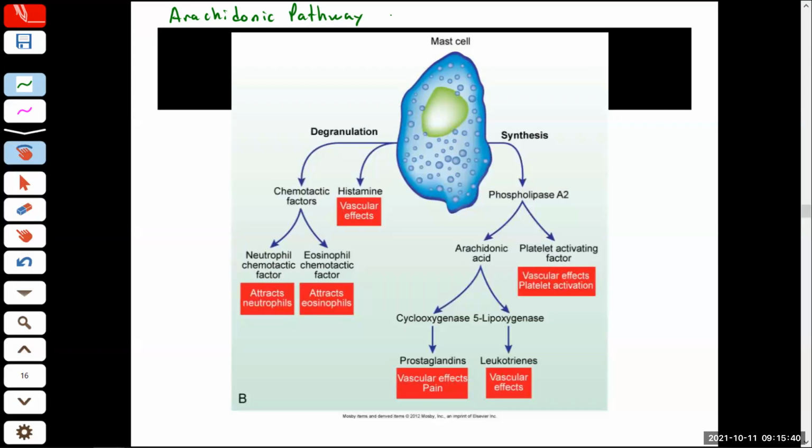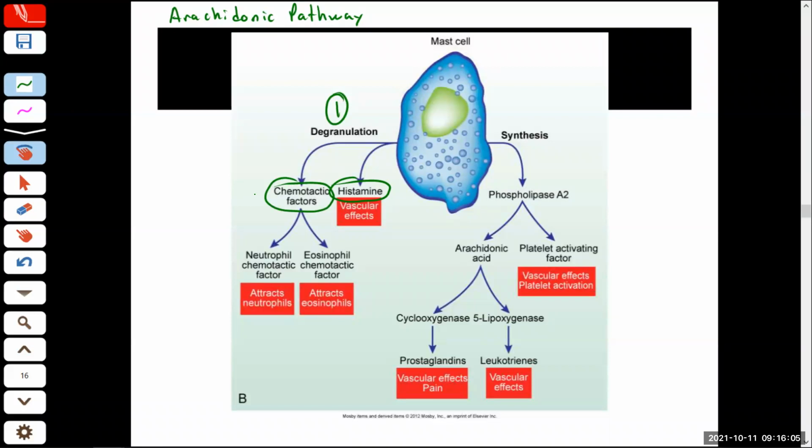So here's your mast cell. Notice it's a bag of histamine. As soon as it gets damaged, what process does that start? It starts with degranulation. So step one is over on the left there. What do we degranulate? We degranulate histamine and chemotactic factors.